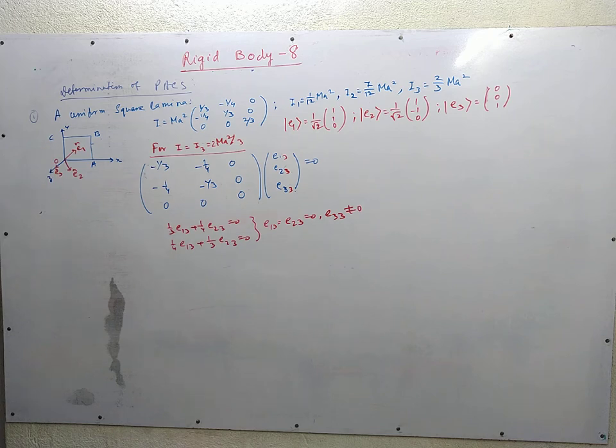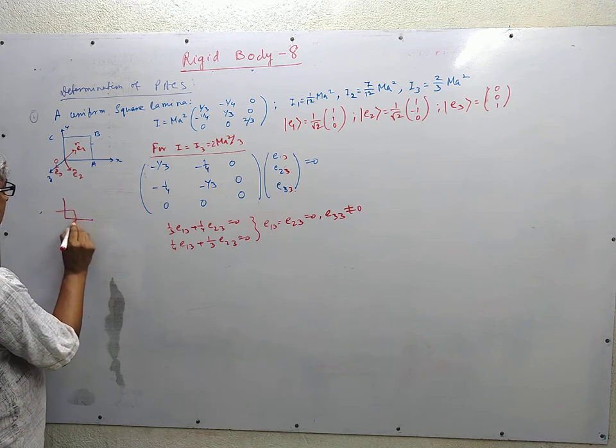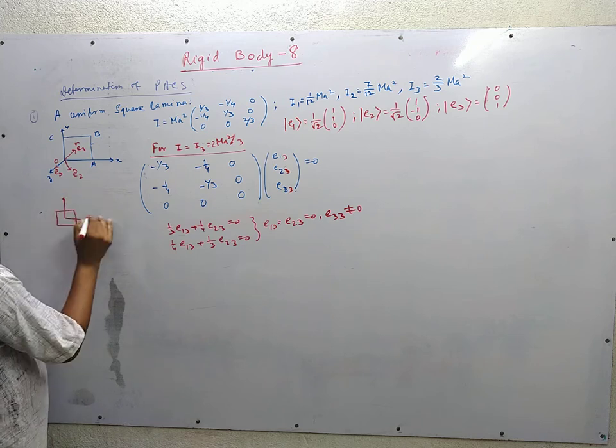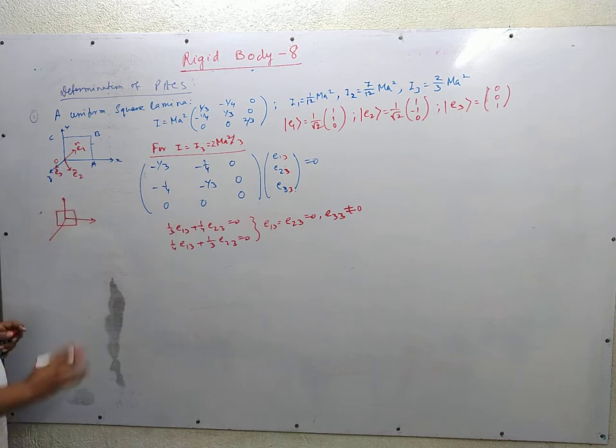Remember that for this system, a simple symmetry consideration gives us a set of principal axes. If we set the coordinate system like this, with the square lamina, this as the x-axis, y-axis, and this the z-axis, then we will get the principal axes.